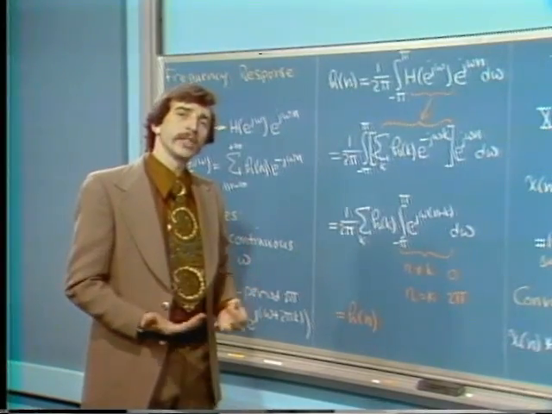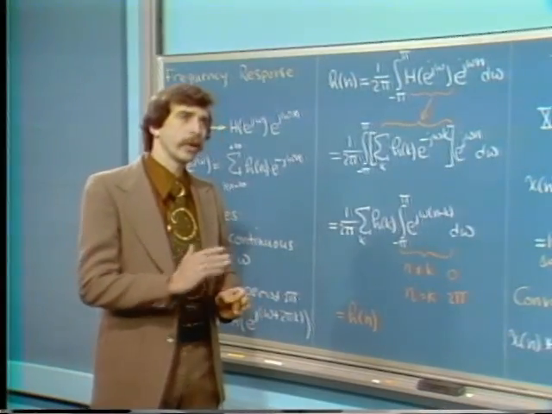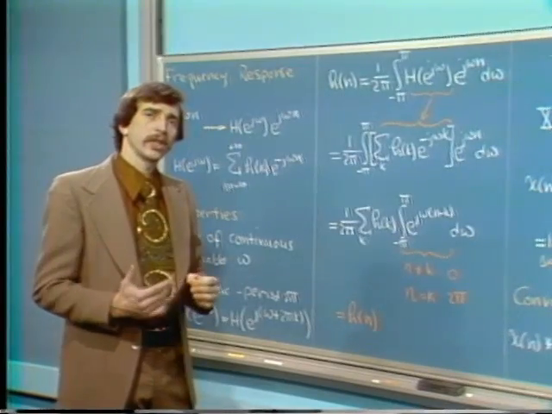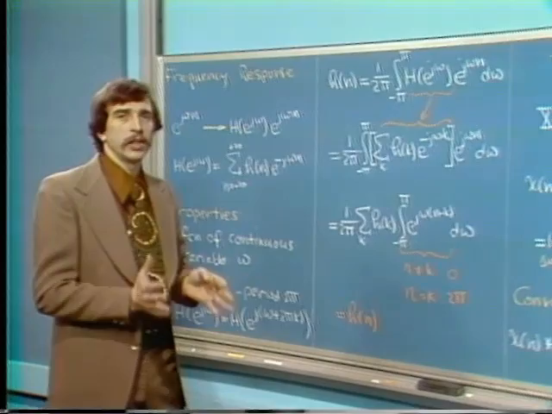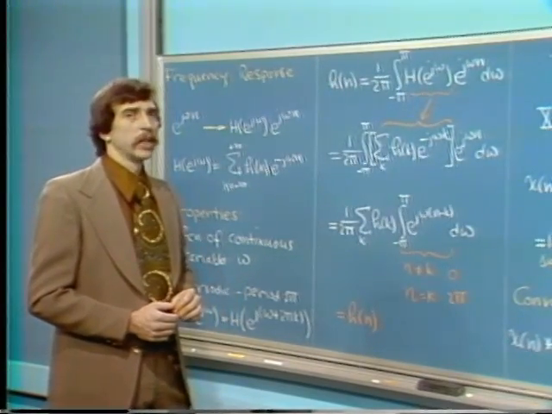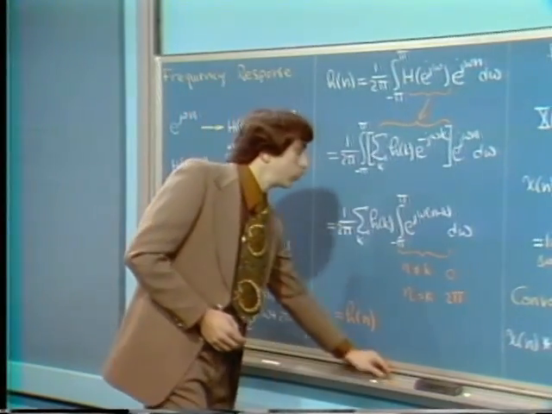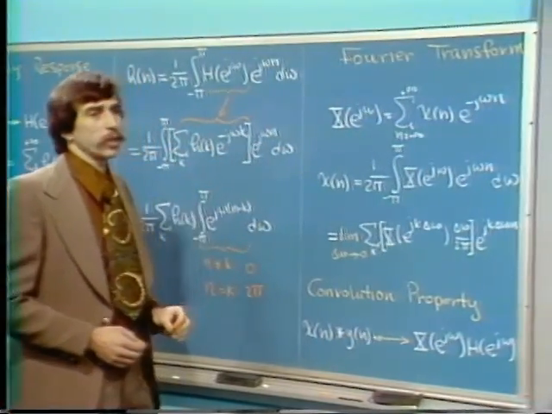It in fact permits the representation of an arbitrary, not quite arbitrary as we'll see in a while, but a more general class of sequences than just the ones that we explicitly identify as the unit sample response of a system.